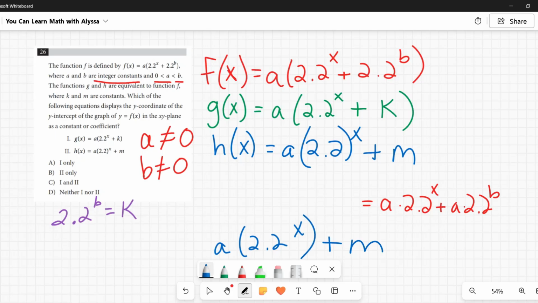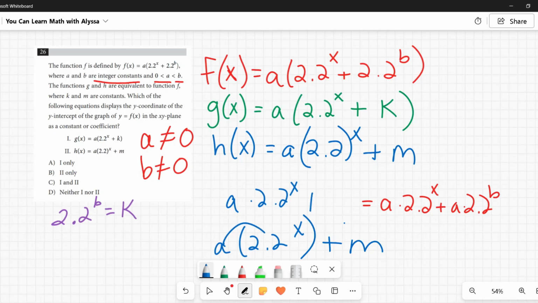To be clear, it doesn't matter in this particular situation when it's a single constant and then you have that x there. If there was anything else inside that parentheses along with the 2.2, we'd be having a different conversation. But with just the single constant, it does not matter if the exponent is inside or outside. Okay, so a times 2.2 to the power of x, a times 2.2 to the power of x.